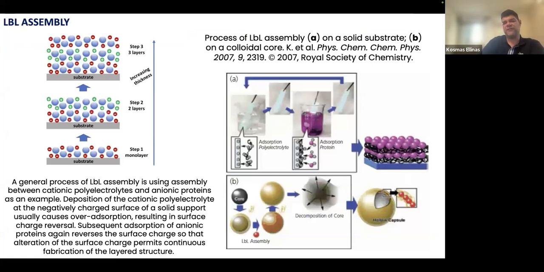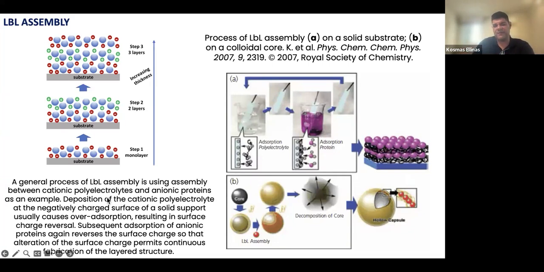And we also have the layer by layer assembly method in order to create coatings. Here the method is schematically shown. So you use successive layers of different charged materials, and this interaction between positive and negative charged layers provides a thicker and really good coating.